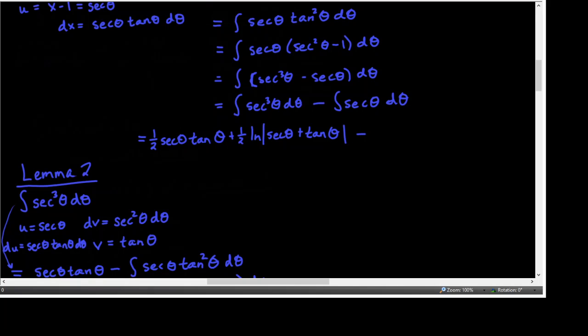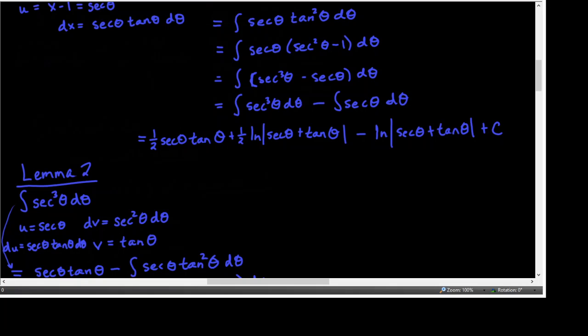minus, and I'm going to hold off on the C because I still have the minus integral of secant theta right above to do, and that is the natural log of the absolute value of secant theta plus tangent theta, and then plus C. All right, so we do have a like term.